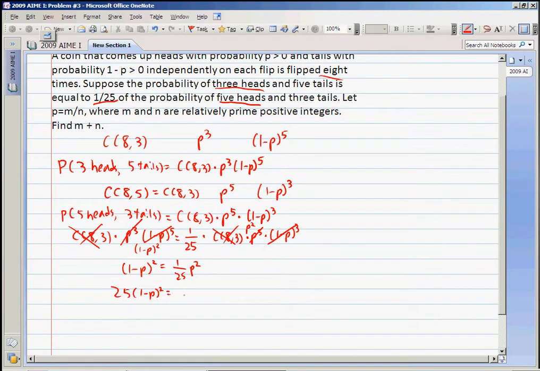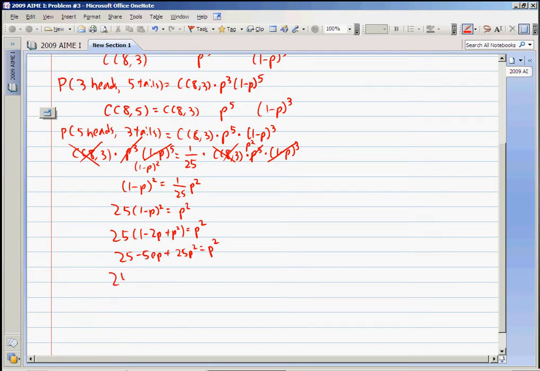And we can square the left-hand side, expand that out, and then put all the terms on the left-hand side so that we make a quadratic equation: 24p squared minus 50p plus 25 equal to 0.